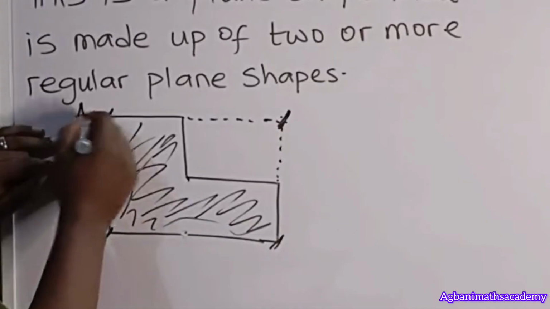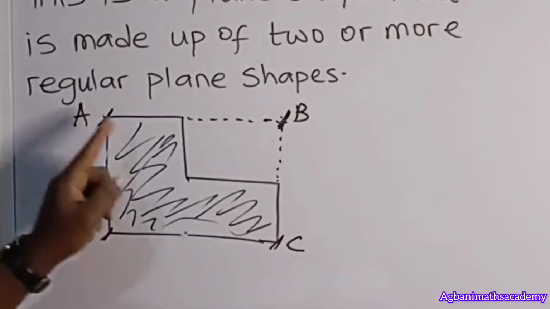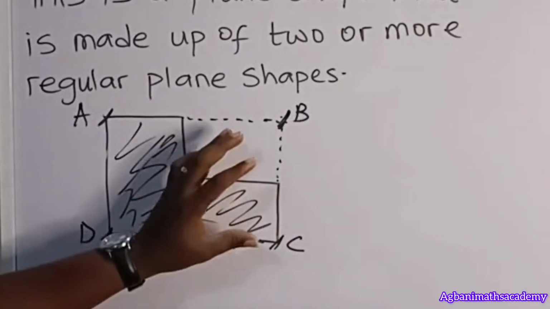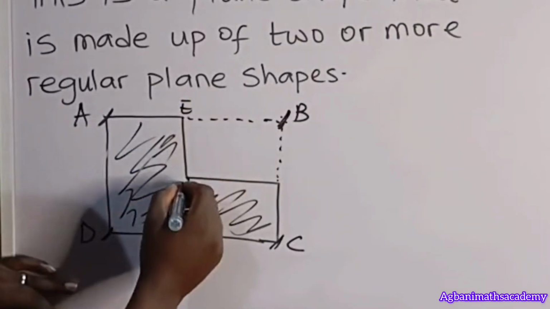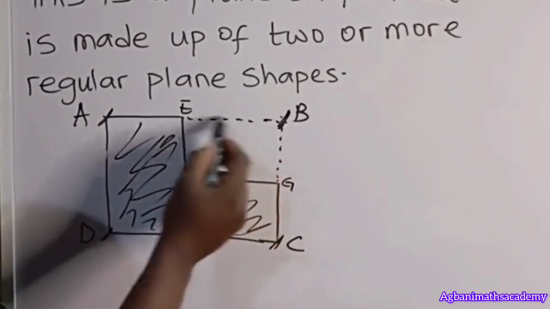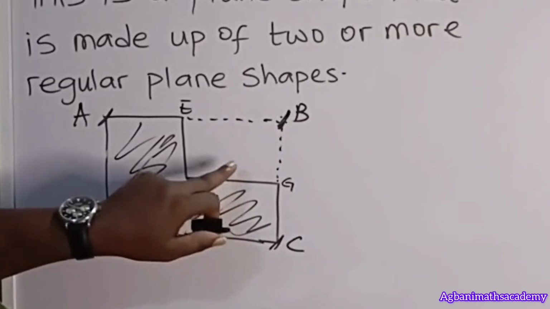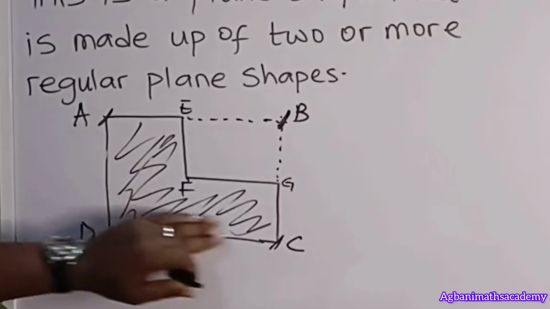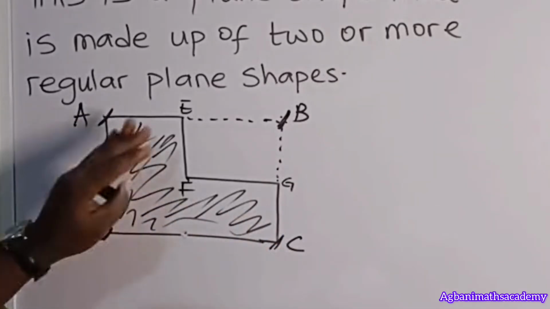Let's call these points A, B, C, and D. So A, B, C, D is a rectangle, and you can calculate its area. Then, if this point here is E and this point is F, and let's call this G, this is another rectangle. You can calculate the area of this rectangle. Then you subtract this small rectangle from the bigger rectangle. That will give you the area of this part. So there are two ways of solving the area of a shape like this.